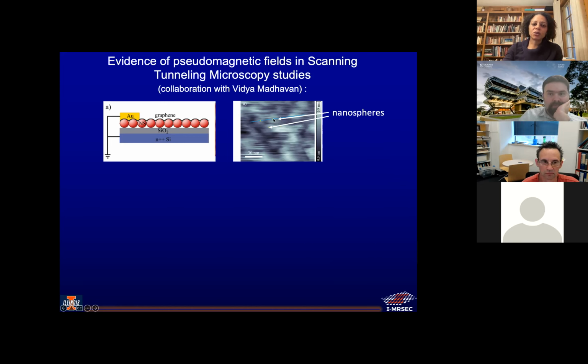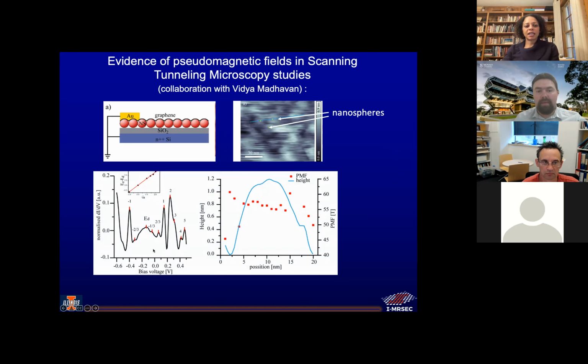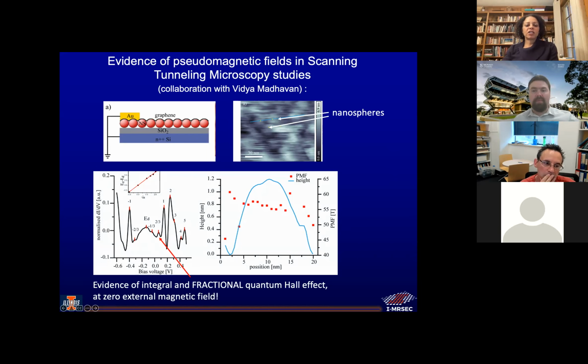When you do spectroscopy across these nanospheres, you get data that looks like this. This is tunneling conductance as a function of bias voltage, where what you see is evidence of both integer and fractional quantum Hall effects. And this is at 0 external field. They could extract quantum Hall effects from that, dispersed as root n, as you might expect, across these nanospheres from STM.